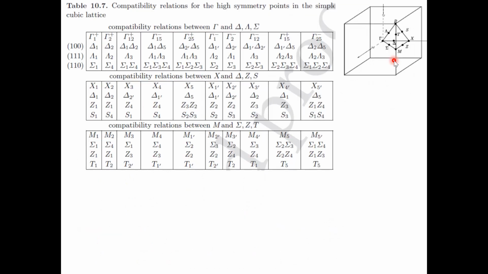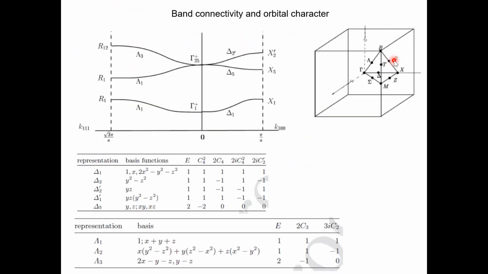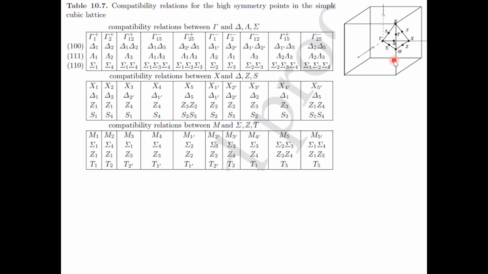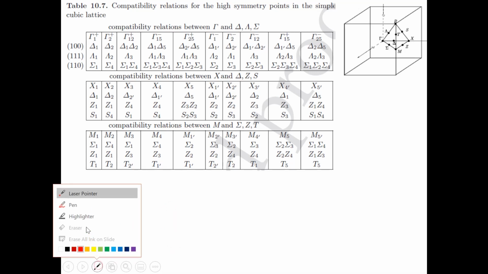All right. So, but there's a subtle issue here. Sometimes these tables are not enough.